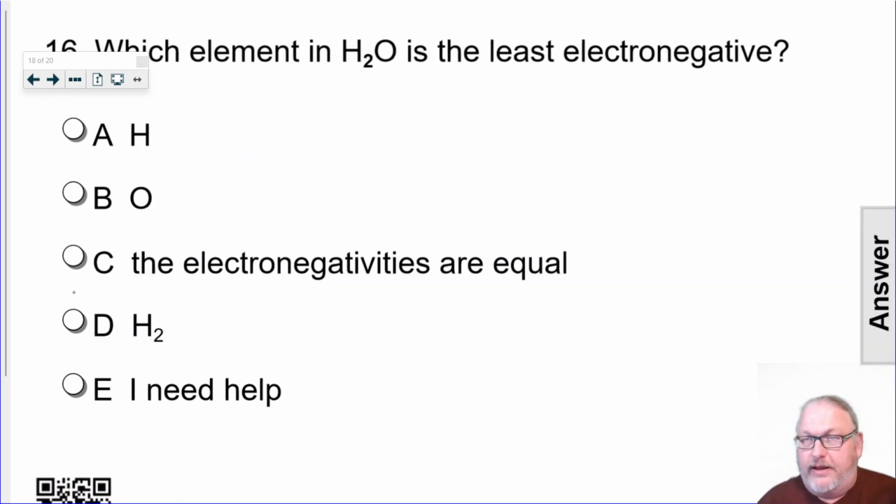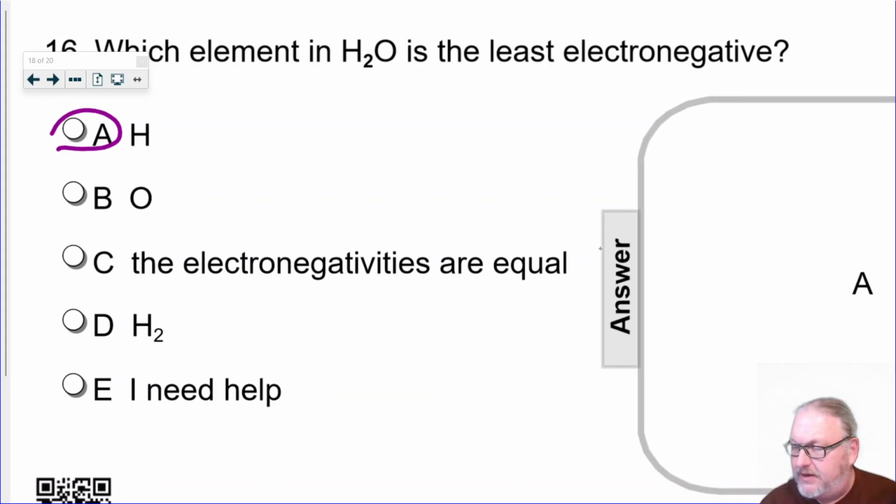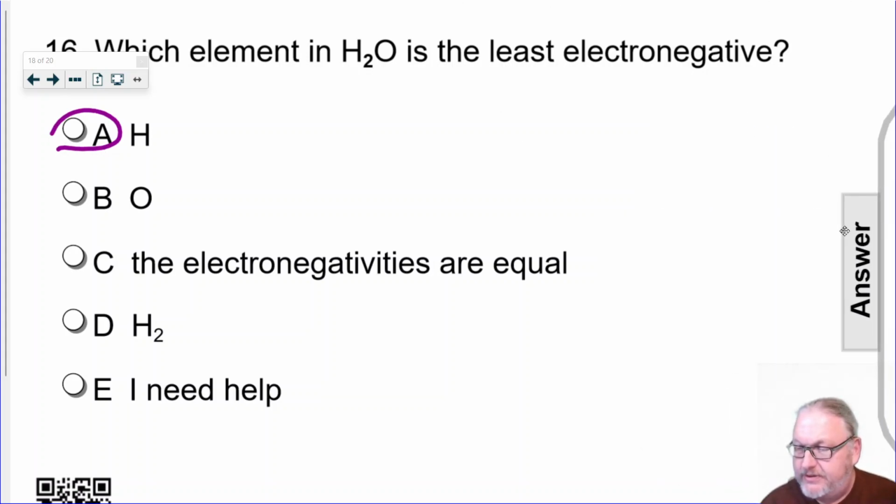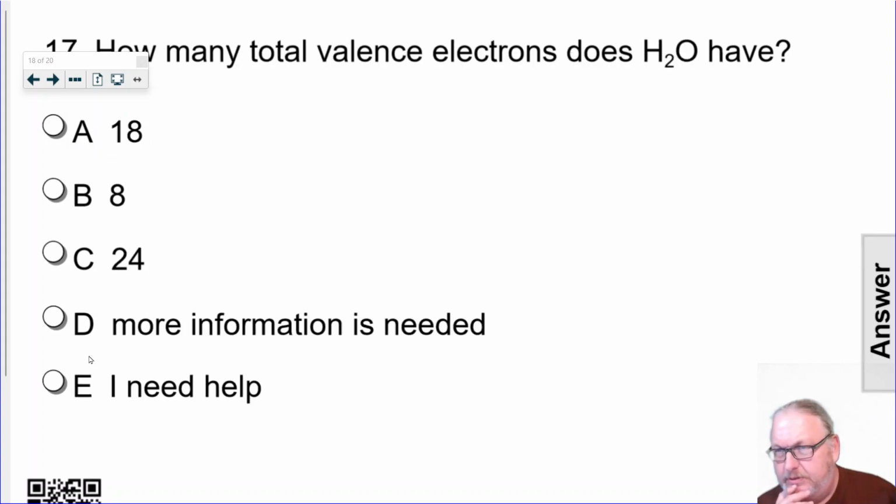Which element in H2O is the least electronegative? All right. If I recall, I think it's oxygen. And let's look at the answer for that, because I'm really positive it's oxygen, and it is hydrogen. Okay, so oxygen has a higher electronegativity than hydrogen. I think it's 2.5 versus 2.